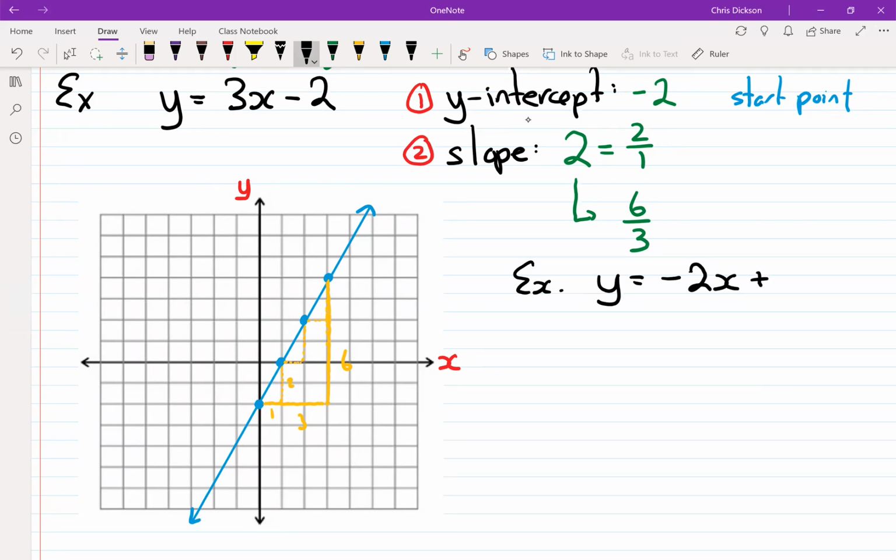Why don't you take a second to see if you can sketch that graph. If you have any questions, feel free to unmute yourself. You can always ask if you're not sure.